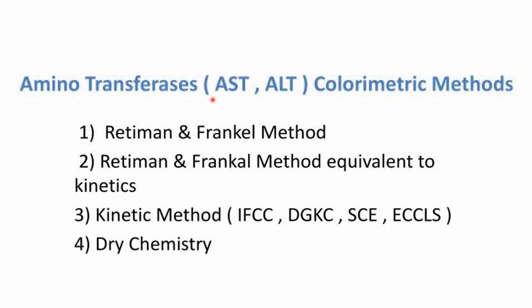So if you're asked which are the alternative methods of measuring AST and ALT, you can say that one is the chemical method, where a colored product is formed, and the other is the kinetic method, where NADH conversion to NAD is equated to the AST or ALT activity.